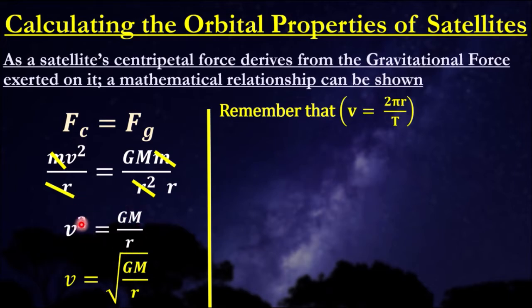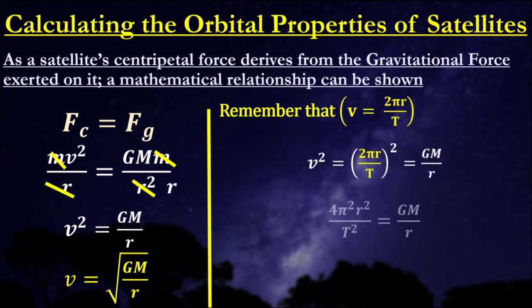If we rooted it on both sides, we'd get the orbital velocity of the small object moving around the larger object. But if we substituted v squared with 2 pi r over T, which is the tangential velocity of a satellite moving around a larger object, we would get the following equation, which is just a nice little reflection on Kepler's third law of motion.